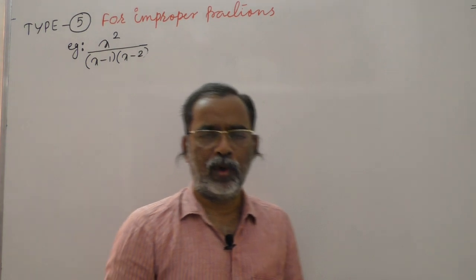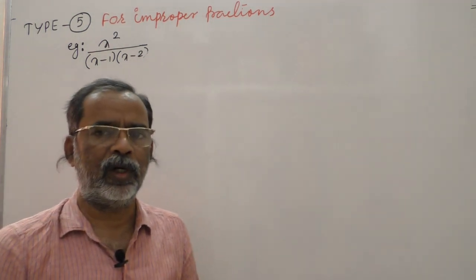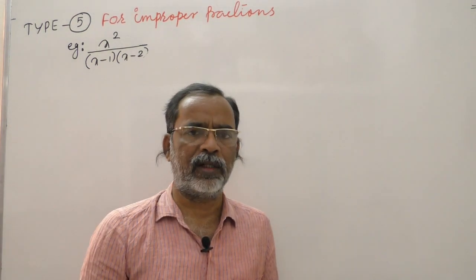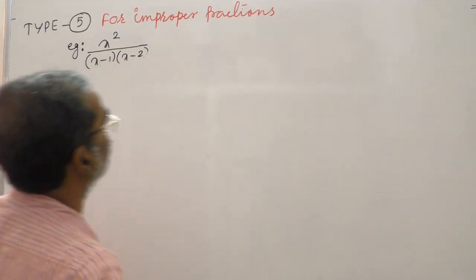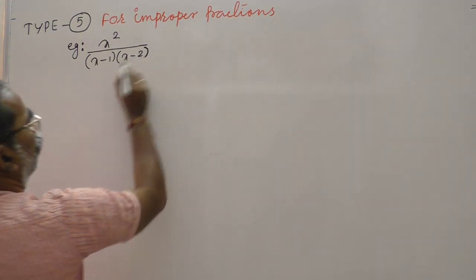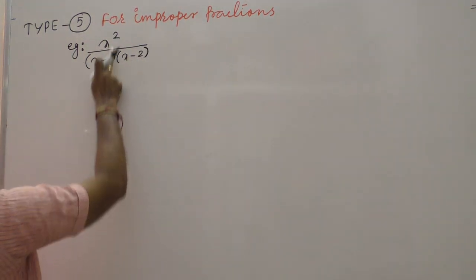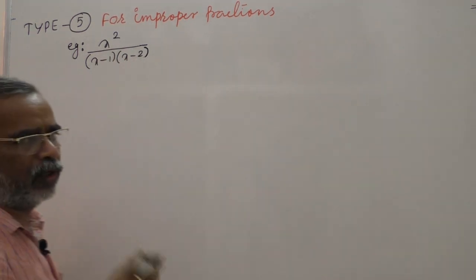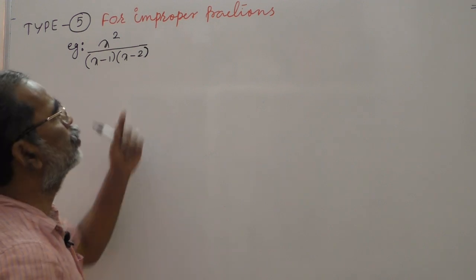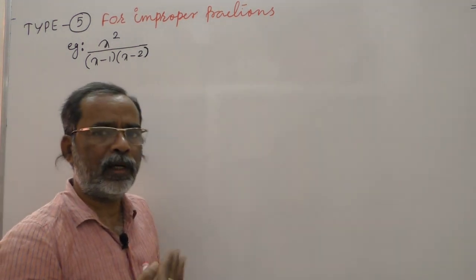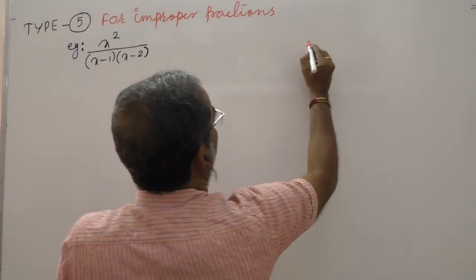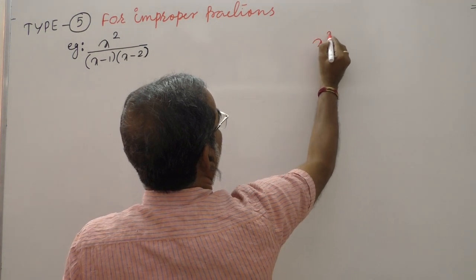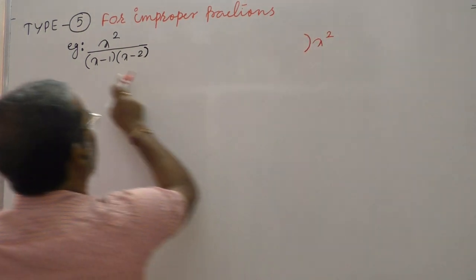We have seen 4 types. Now type 5. What is type 5? When the fraction is not proper. See this example. Here a fraction is given, whose numerator degree is 2, and here also degree 2. Therefore it is not proper. So we should make it proper by division. So we have to divide x square by this factor.